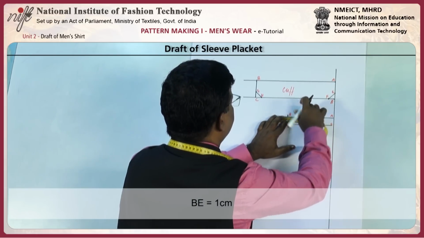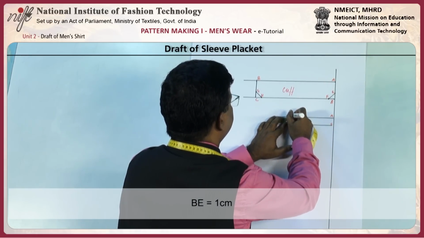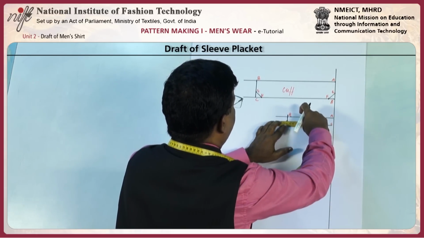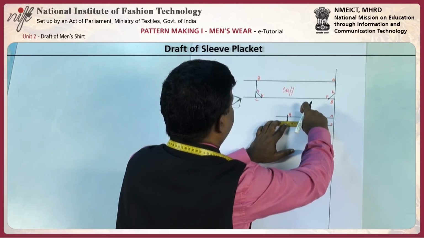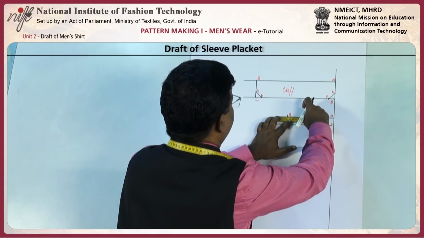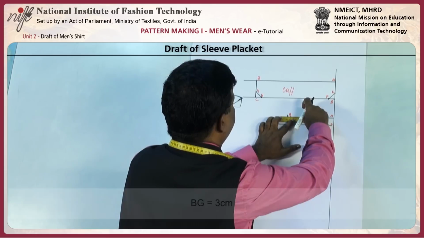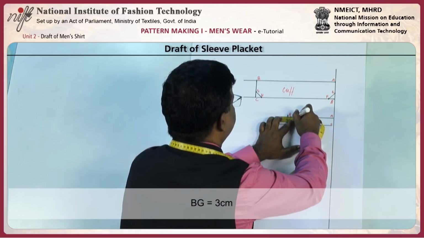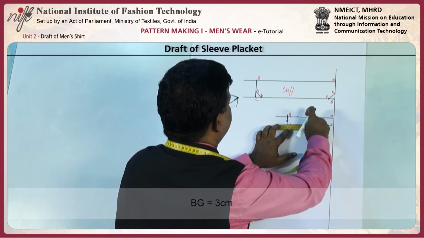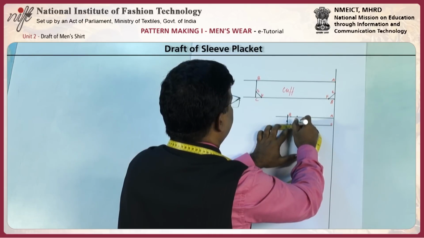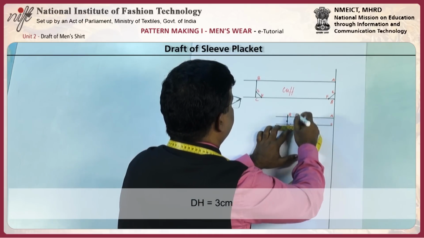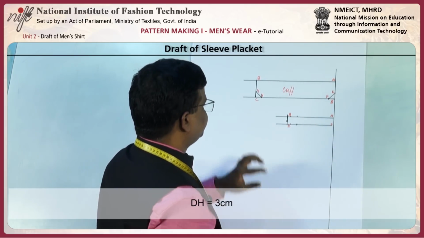B to E also 1 centimeter, and B to G is 3 centimeter, B to H is also 1 centimeter.